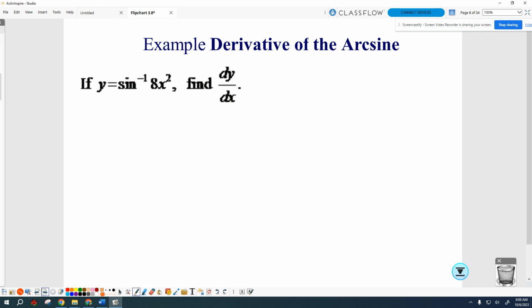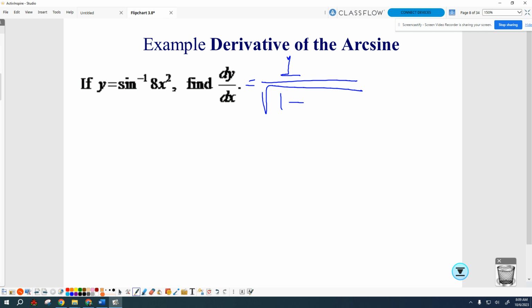So just to practice it, what's the derivative? Ethan, what do you think? So the pattern was, what would it be?